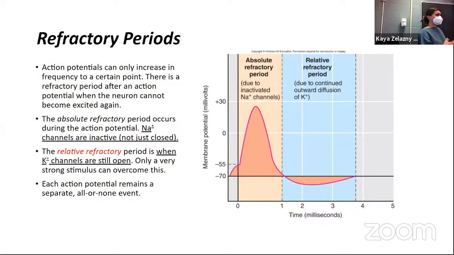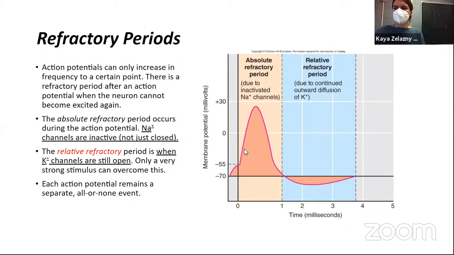During a certain period of time, that sodium channel is going to have the inactivation gate closed. And until it swings back open, it does not matter what we try to do to the activation gate in the middle. No sodium's going to get through. You just can't do it. So we have to have enough time for that inactivation gate to open back up to take us to the original state of the voltage-gated sodium channel. So that's our absolute refractory period.